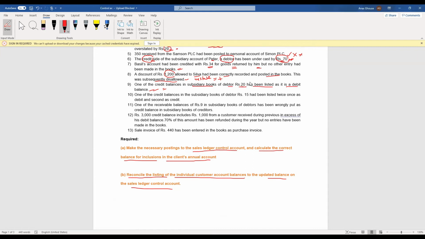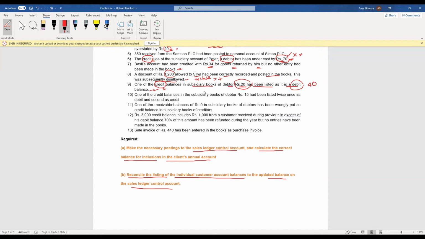Because the credit balance of the debtor has been listed as a debit balance. This is a reversal of the original entry. To rectify, we need to reverse the impact twice. So therefore, in this case, we need to credit the individual customer balance by 40.